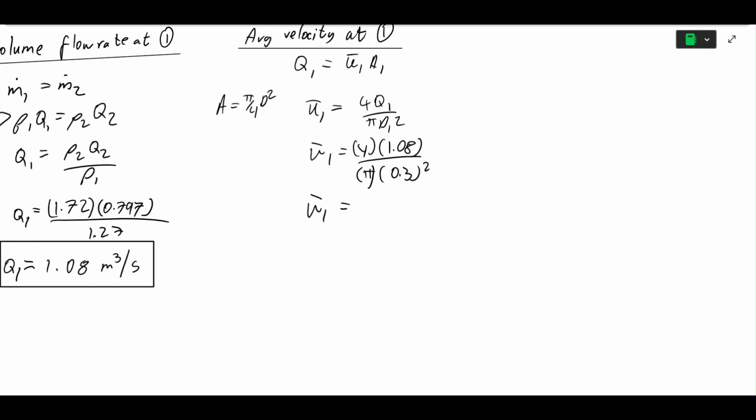So U1 should be a number of some sort. Let's calculate it on the calculator, because I'm not working that out in my head. 0.29 meters per second. And that should be it.